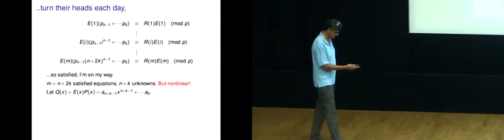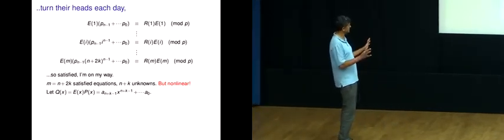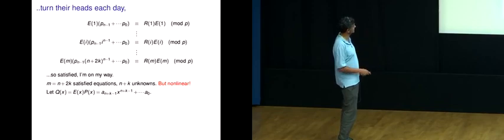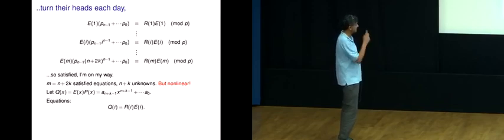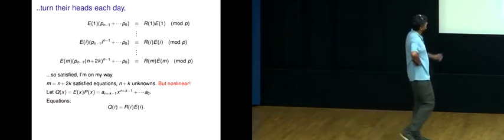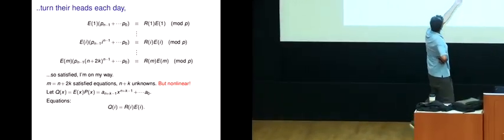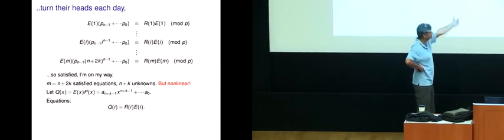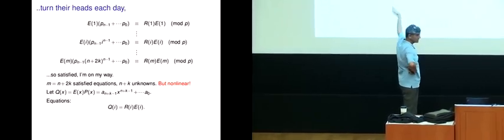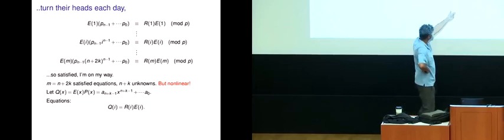I mean, this is genius. It's just a polynomial. So now what you have is equations. Each one of the equations is of this form. The left-hand side is exactly e of x times p of x, which is q of x, a polynomial, and we have q of i here.